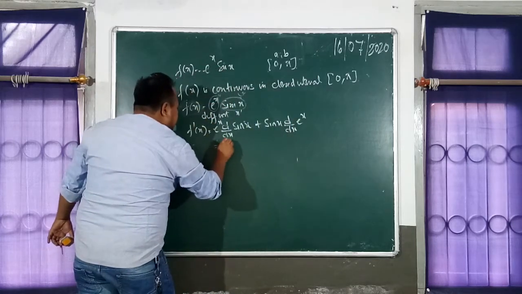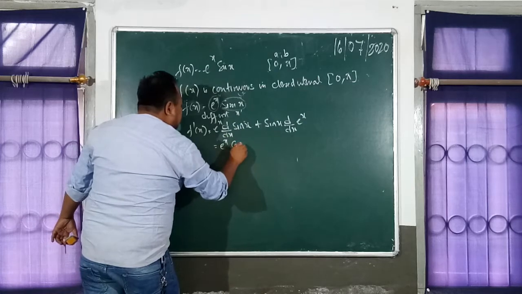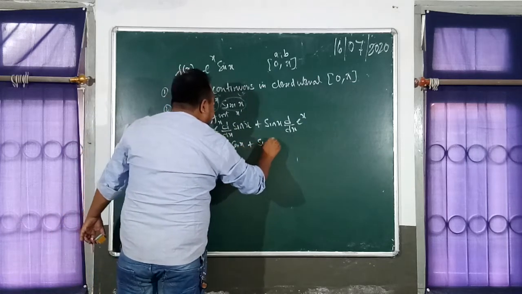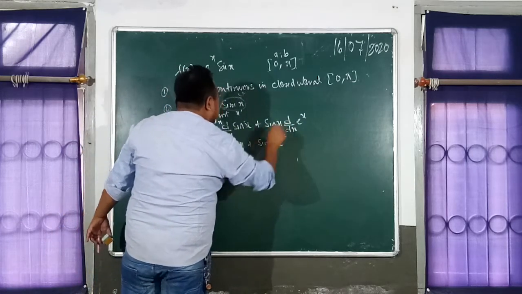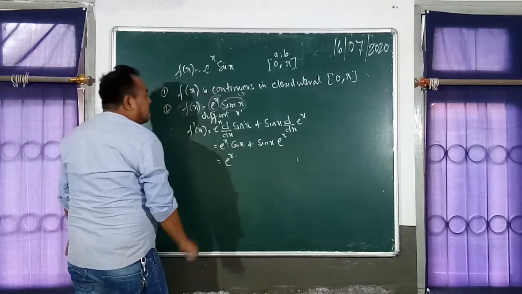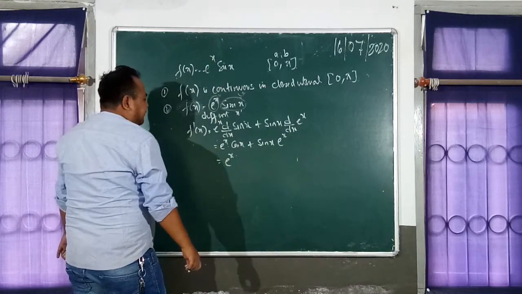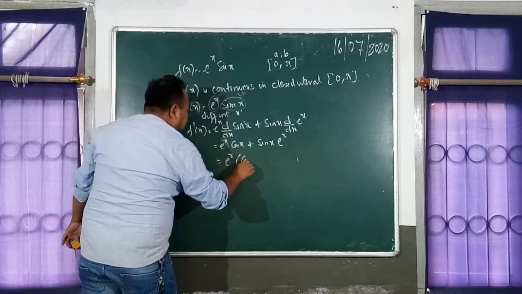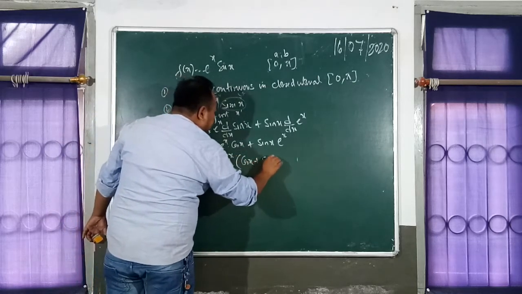So e to the power x as it is, differentiation of sin x is cos x, plus sin x as it is, and differentiation of e to the x is e to the x. So what is common out here? e to the power x. So what do I get? cos x plus sin x.